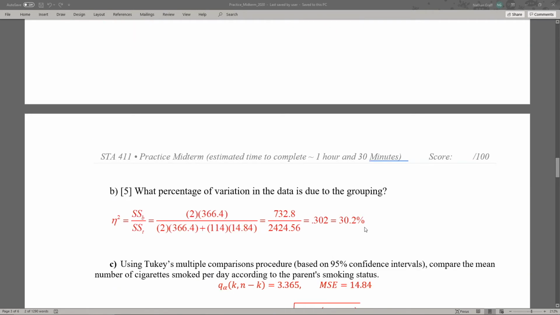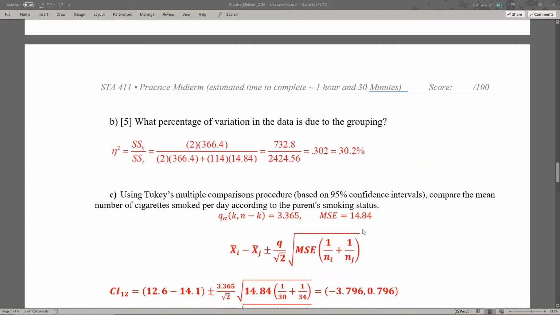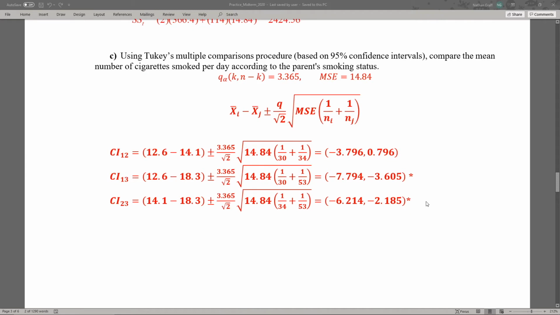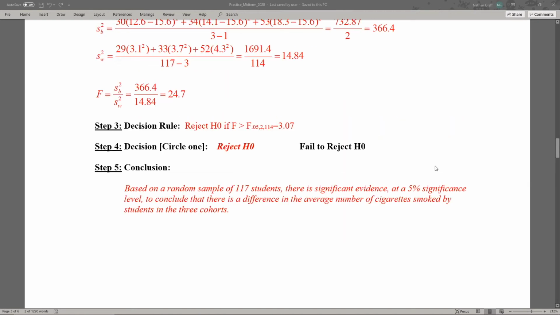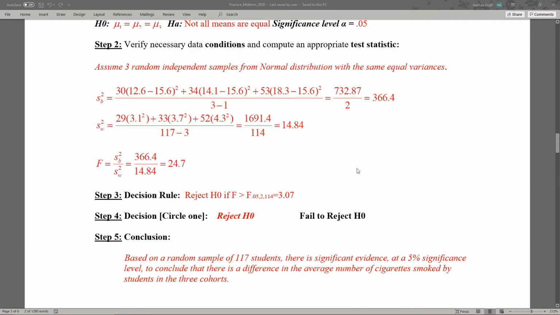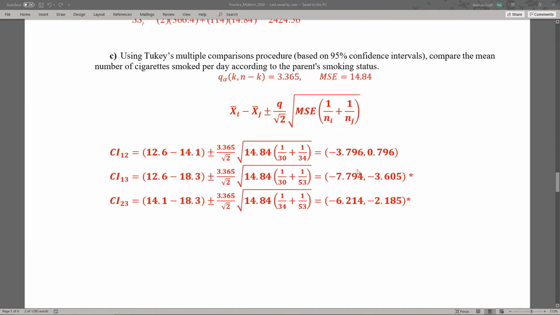Then finally, for part C, we construct a Tukey multiple comparison procedure to compare the mean number of cigarettes smoked per group. To do so, we need to find the mean square error, which we found earlier. The next value is Q, which we need to find from the studentized range distribution table. In this case, it is 3.365.